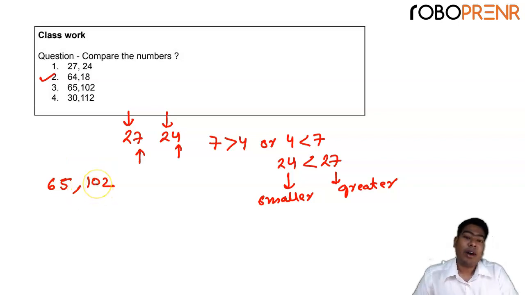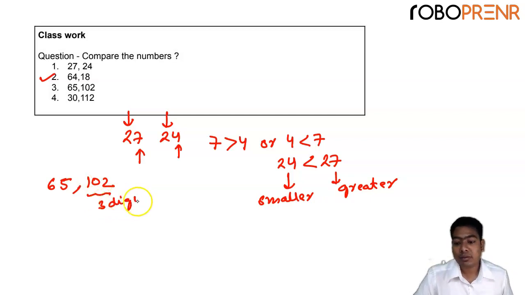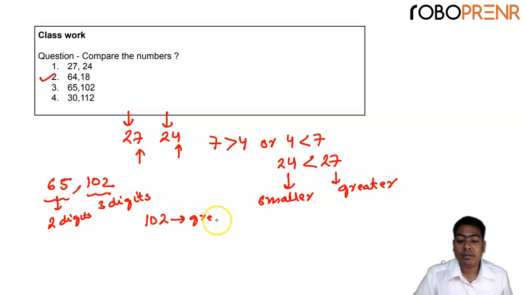What we have understood in case 1 is that the number which has the largest number of digits will be the greater number by default. So 102 has 3 digits and 65 has 2 digits. That is why we can say 102 is the bigger or greater number and 65 is the smaller number.